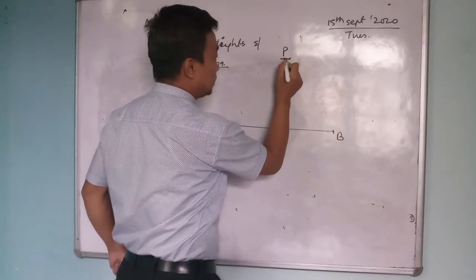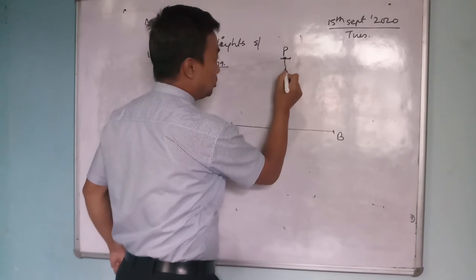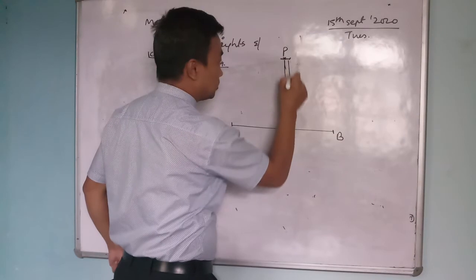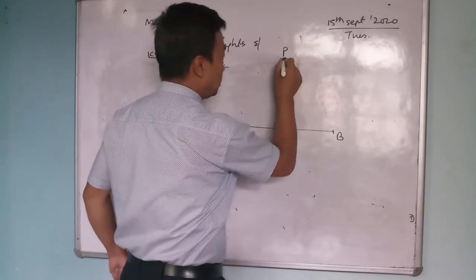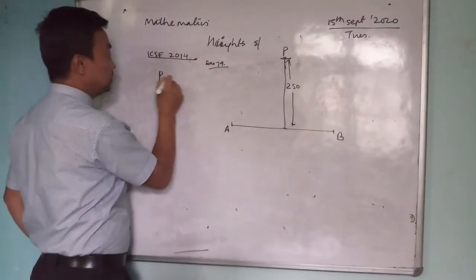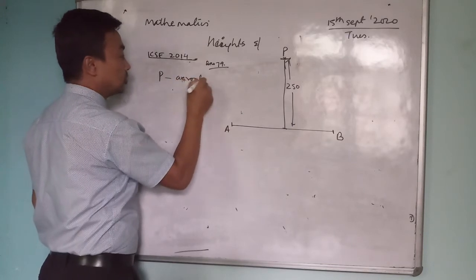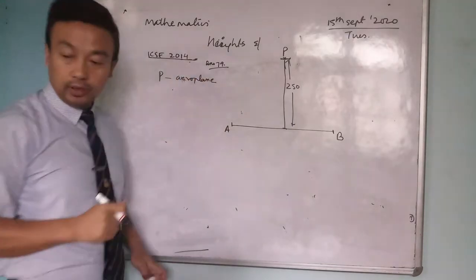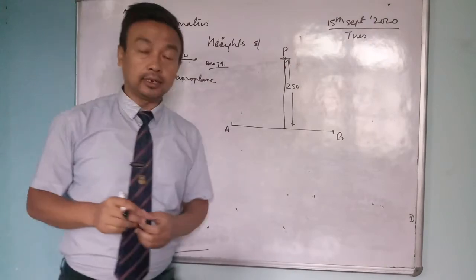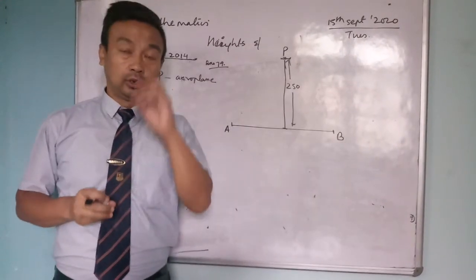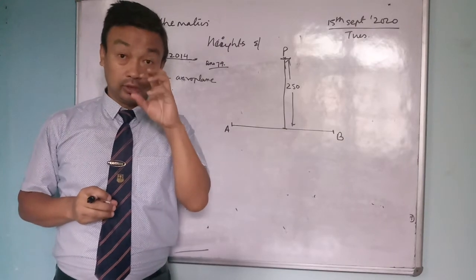Let us say P is the aeroplane. So what is the height of this aeroplane? 250 meter. Okay. P is an aeroplane flying at a height of 250 meter, and your point of observation is this aeroplane.